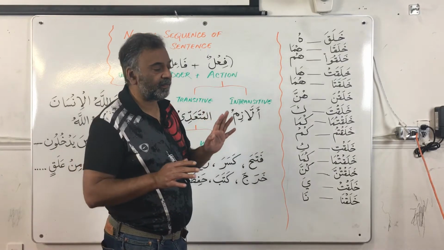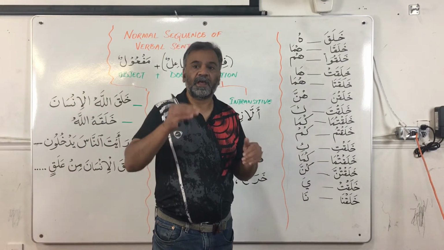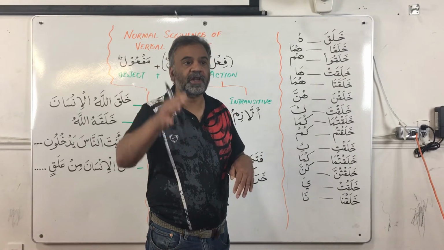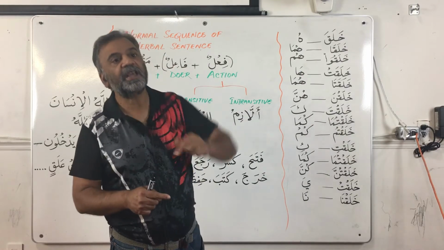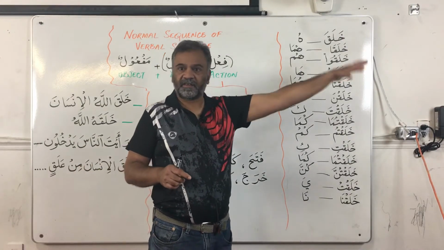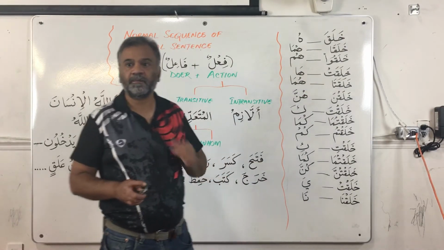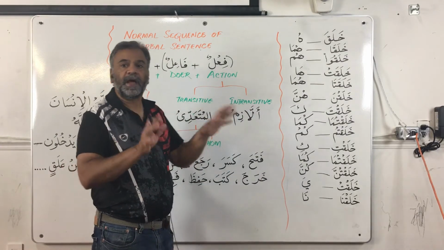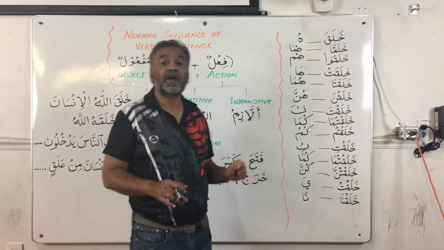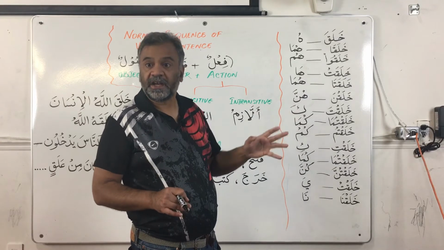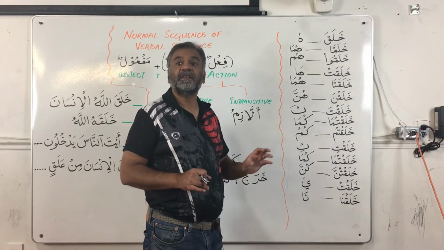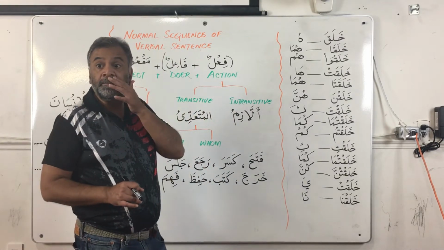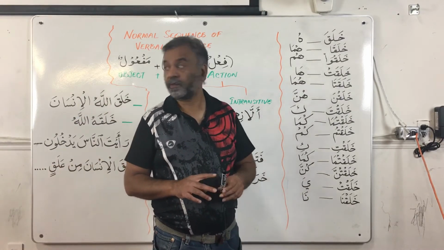Sometimes, and this is something at an advanced level in book 3, the maf'ulun bihi is mahdhoof, but it is understood in the ayah, but that's something we will learn in book 3. At this time when I say khalaqa, he created, this is a transitive or al mutaaddi verb. It needs a maf'ulun bihi or an object.